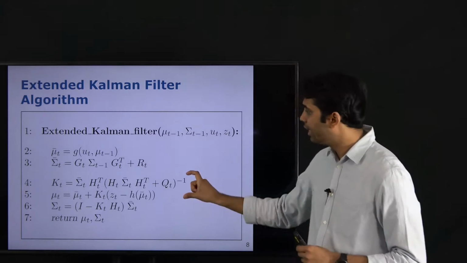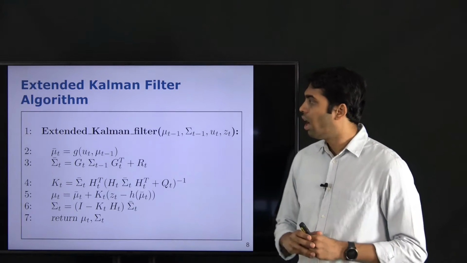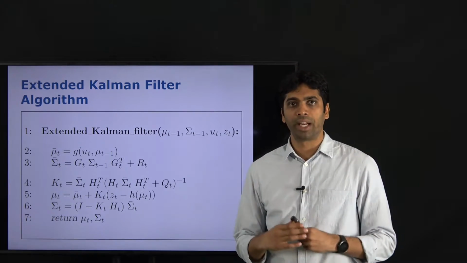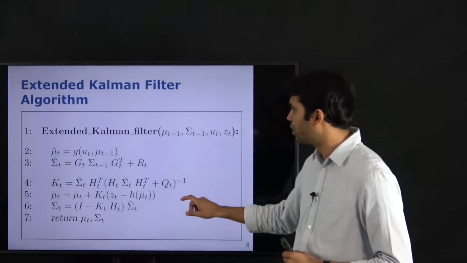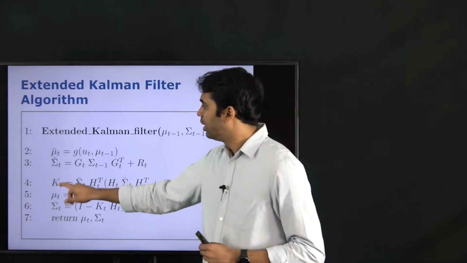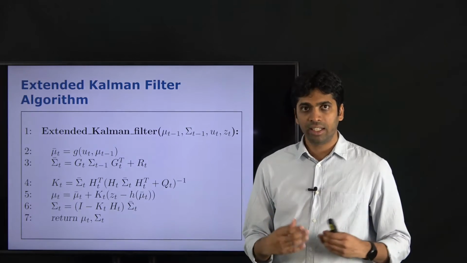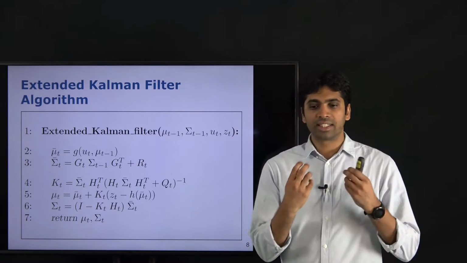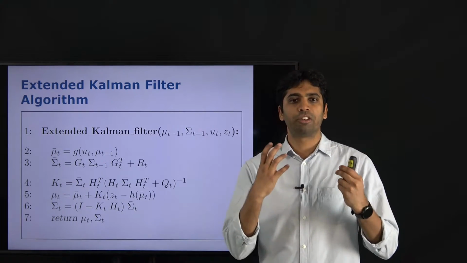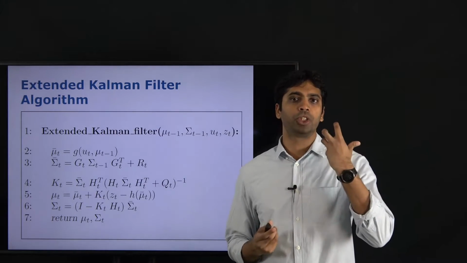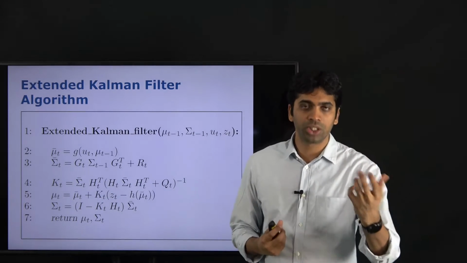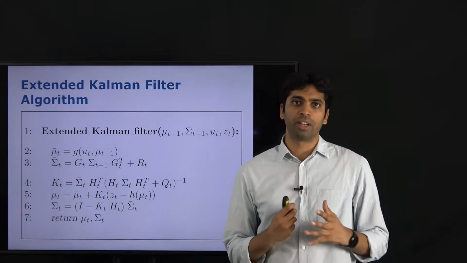And this is how you can find the new mean and the covariance after a particular motion step has been performed. The next block of things that you see here relate to the measurement update equations. So what you see here is the Kalman gain. This gain is the main parameter which trades off how much importance I should give to the motion step and how much importance I should give to the measurement step.